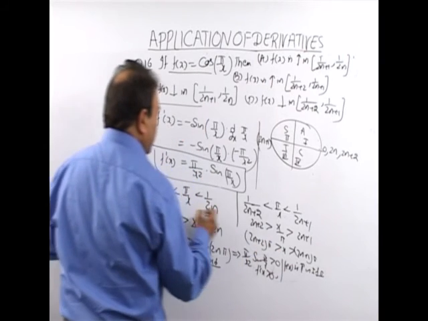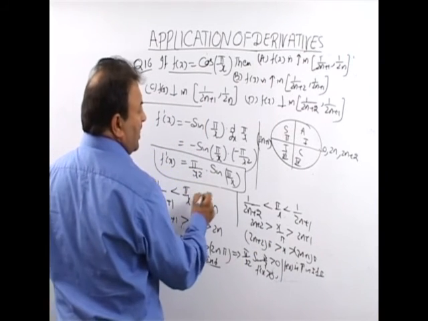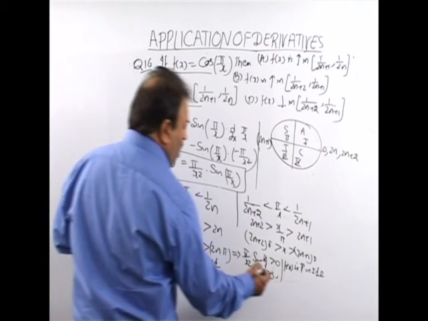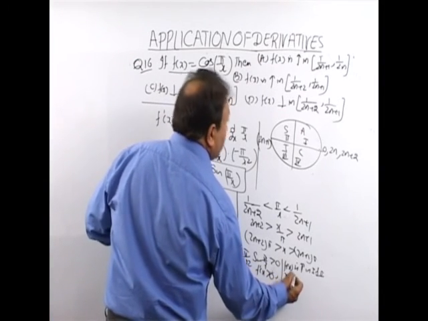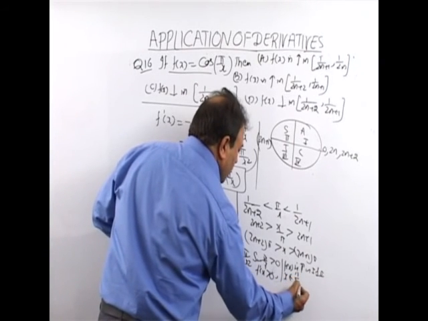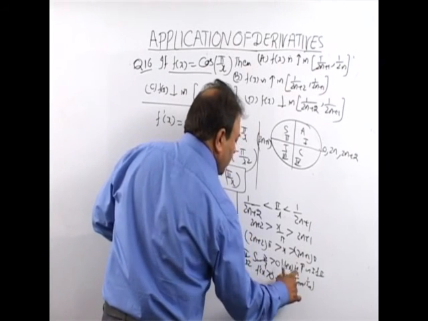That means this is the right option. f(x) is increasing for x lying between 1/(2n+1) and 1/2n.